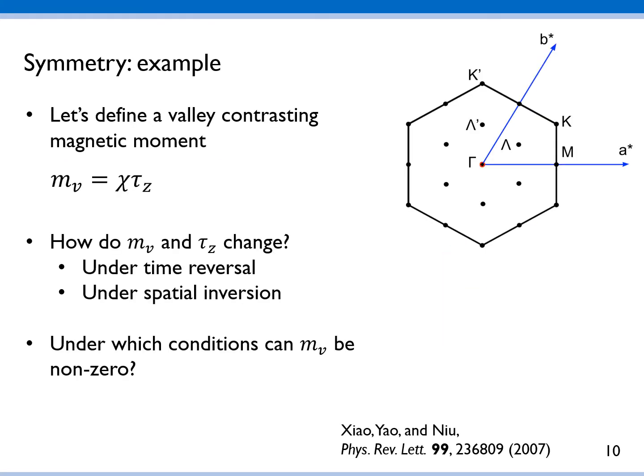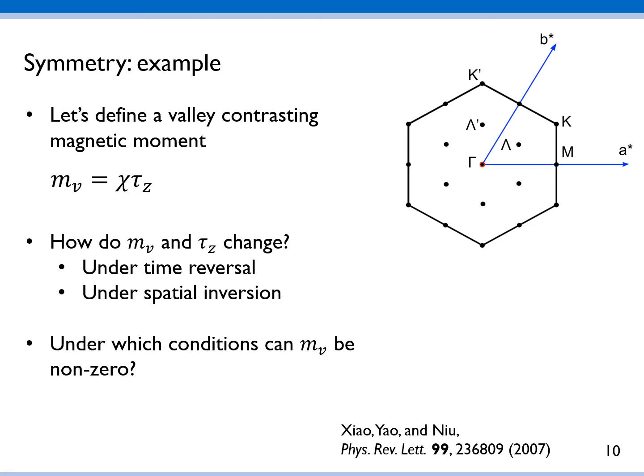As an example, let's define a valley contrasting magnetic moment, M sub V. Valley contrasting means that if we have a valley magnetic moment of +1 at the K point, we would have a magnetic moment of -1 at the K prime point. So M sub V consists of the material constant chi and then tau sub z, which is the valley index, -1 or +1.